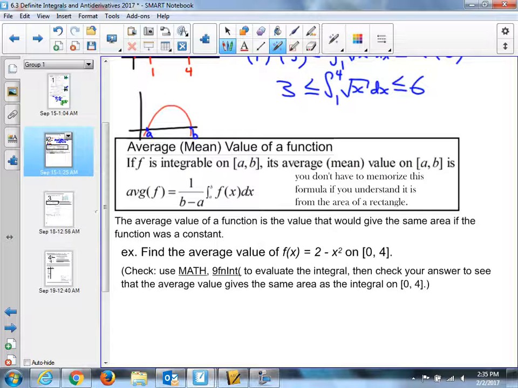What you're trying to find here, we call the average of the function. So the mean value of the function, the average value, maybe in this case, will be a rectangle with this shape. What's under the blue would be a rectangle that gives us the same area as the curve does. That's, first of all, what I want you to understand.